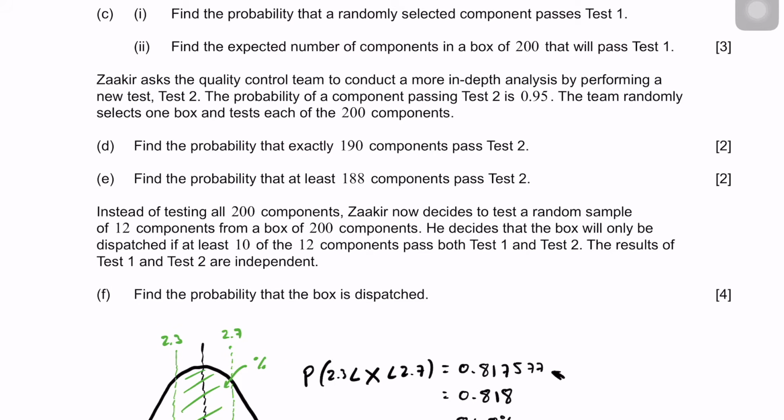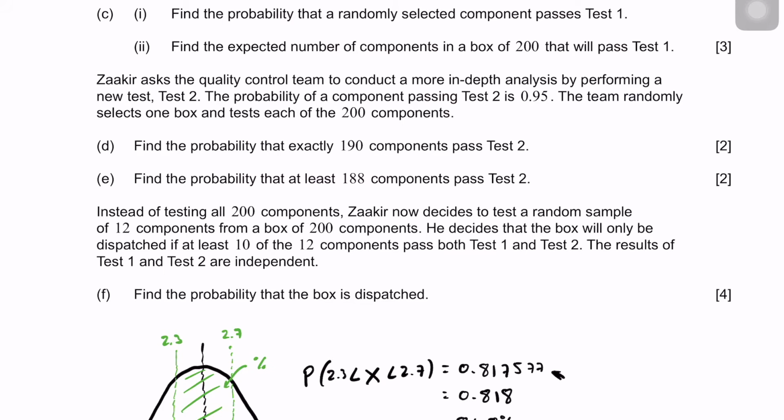So we have a set number of trials, a constant probability of success, and independent trials that don't influence one another. And then of course we have a set number of successes. So here we're in the realm of binomial distribution, and we can go into our calculator to work that out.